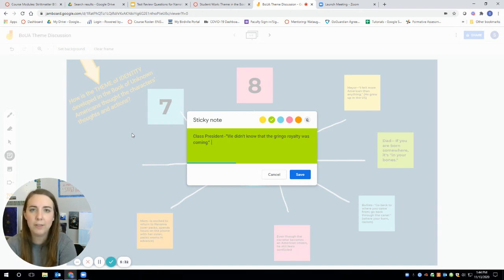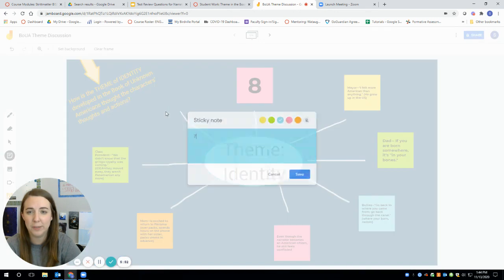So according to the class president, the idea is that they moved away. They aren't Panamanian anymore, which is what you call somebody from Panama. So there's another concept. And the class president's probably acting like a jerk for a reason.